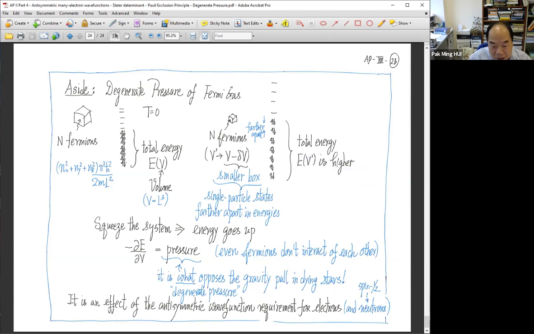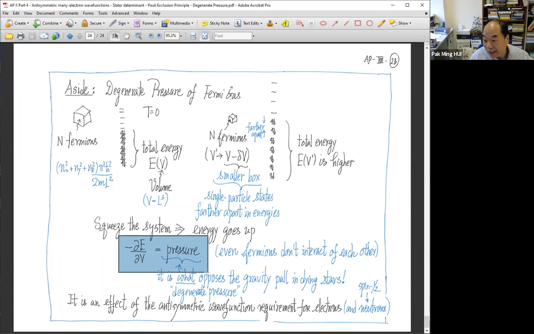Now, you have the scenario. You have a volume V and an energy; you have a smaller volume, you have a higher energy. Then in thermophysics, you call this change in energy due to a decrease in volume the pressure.